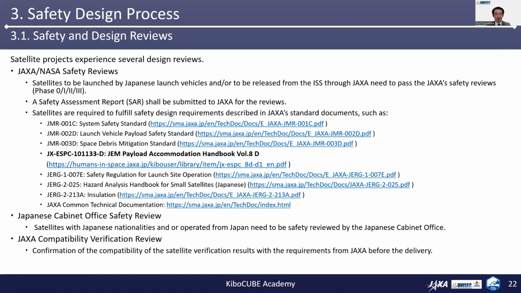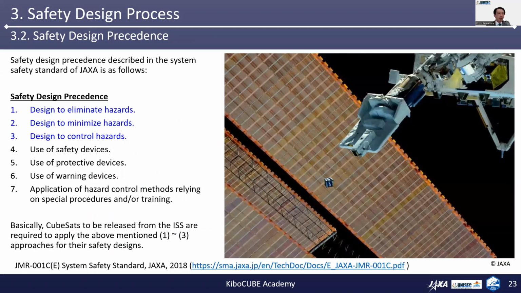This review provides confirmation of the compatibility of the satellite verification results with the requirements from JAXA before delivery. So in this way, the safety design of all satellites to be launched need to be confirmed. So please consider that all satellites are subject to safety design.